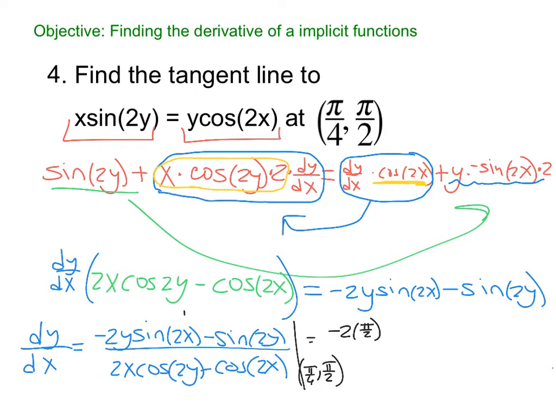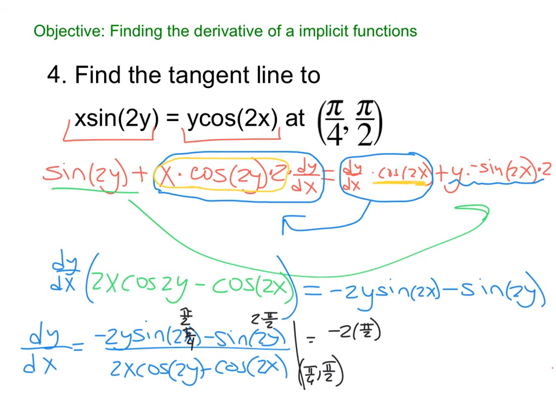So this is sine of pi over 2, right? Because 2 times pi over 4. Sine of pi over 2 is 1, so it's 1, minus sine of 2 times pi over 2, so sine of pi, which is 0, so that whole thing goes away. All right, cool. So that's my numerator.